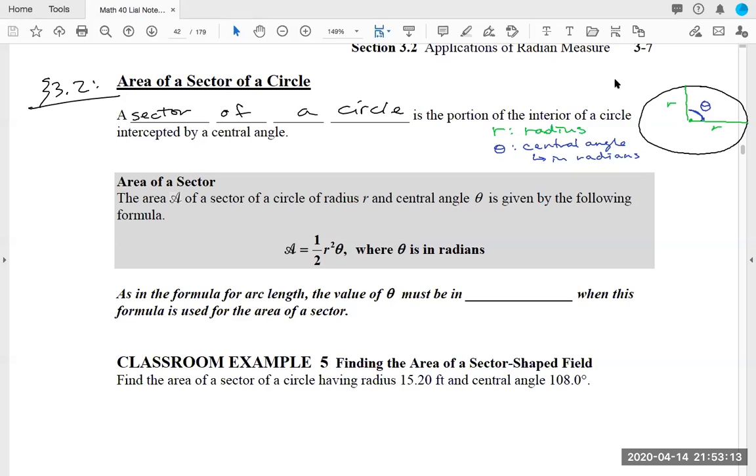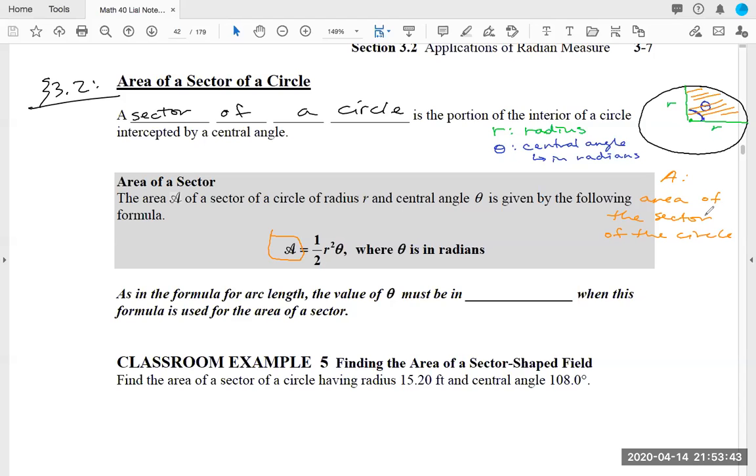And then your area is going to be this shaded bit. Okay. So that would be the area of the sector that you have. Okay.